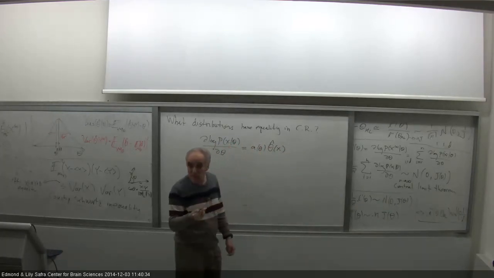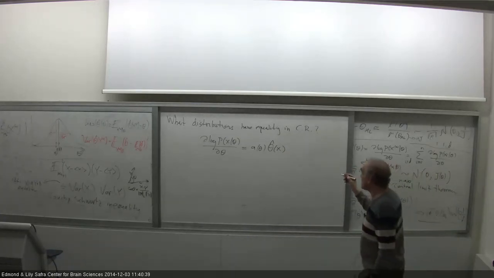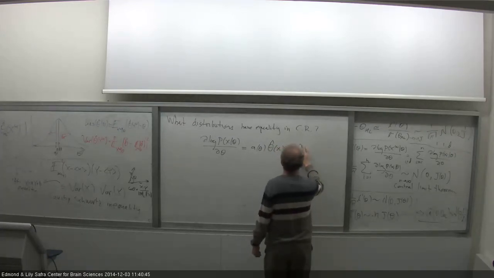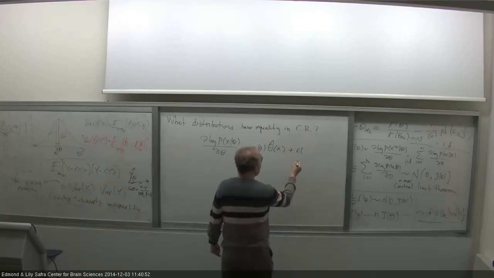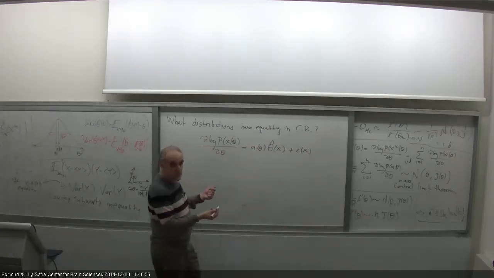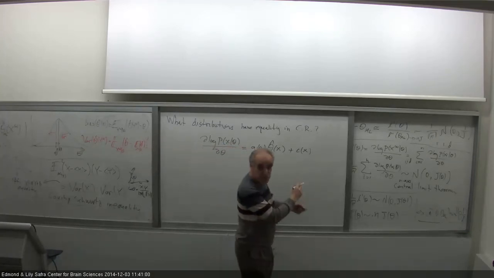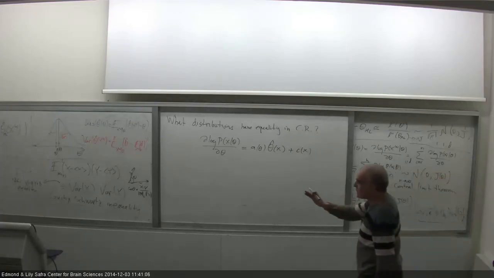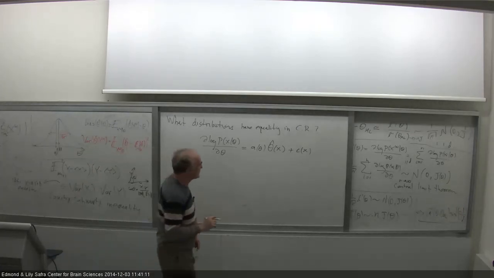It's just a constant that's independent of x. I'm talking now about linearity. Since I'm subtracting the mean, I can have an offset there, another function, let's call it c. So this is the condition for equality: that the Fisher score is a linear combination of the estimator.